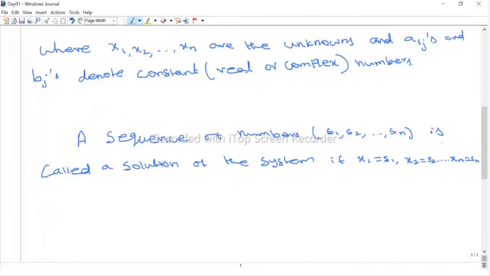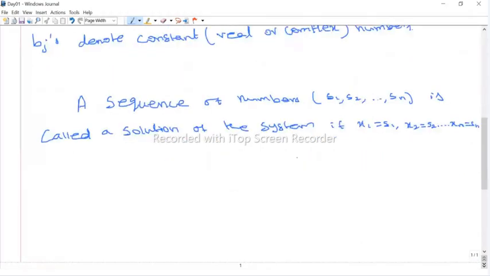It satisfies each equation of the system simultaneously.